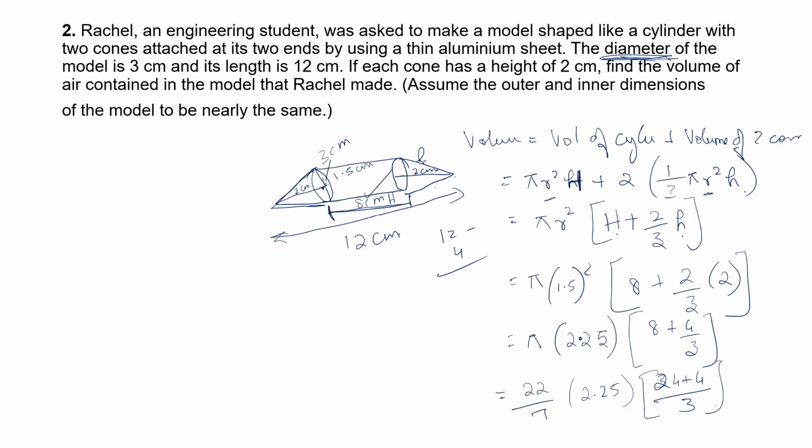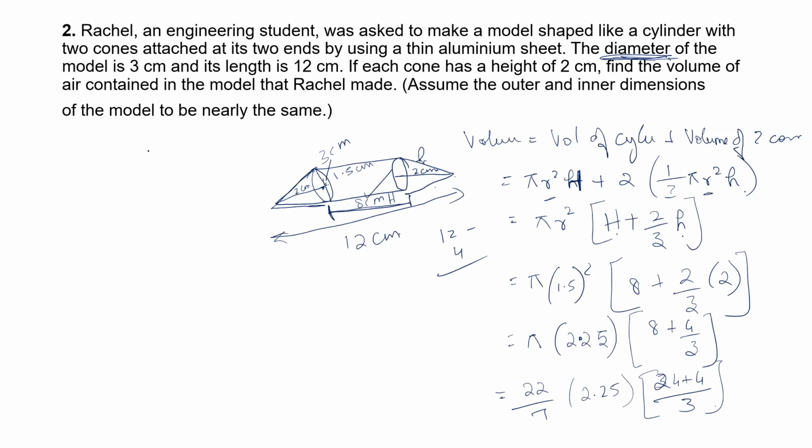Can you do the calculation by yourself, or do you want me to complete? Anyway, I'm doing the remaining here. 22 by 7 into 2.25 into 28 by 3. You just cancel wherever you can, then you do the simplification.